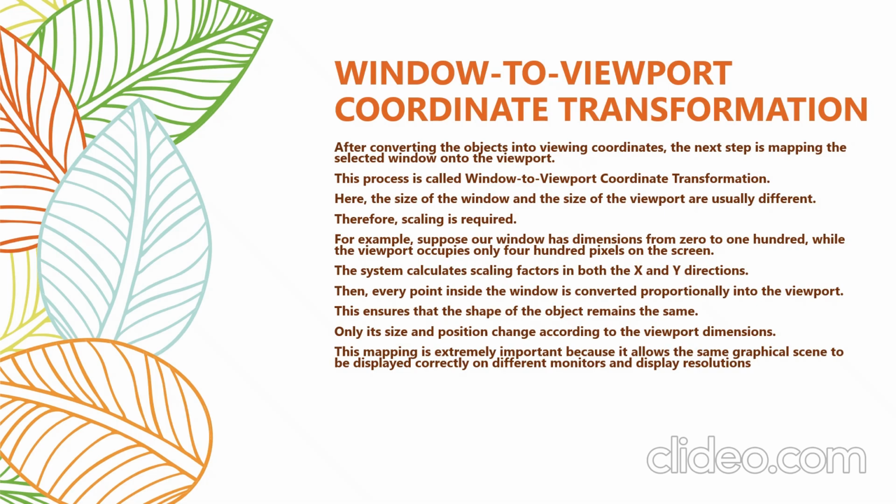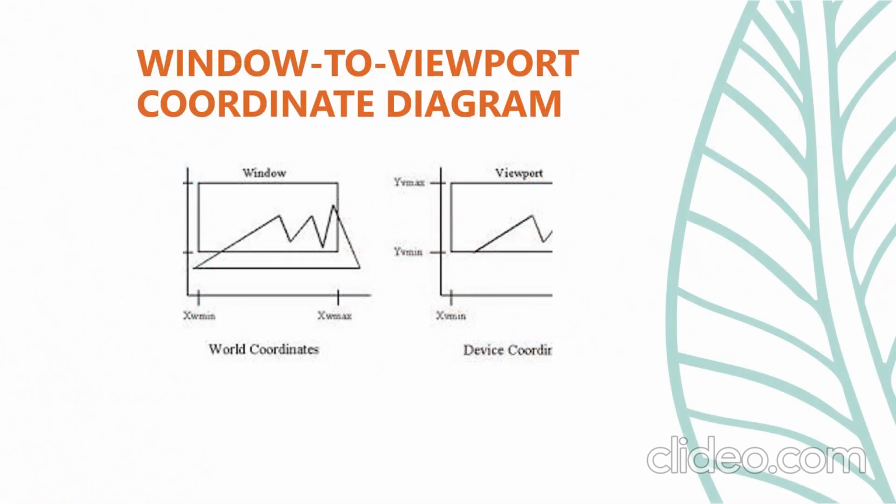Now let us understand it with the diagram. On the left side, we can see the window represents the selected portion of the world coordinates, right? And on the right, we have the viewport, which is the display area on the screen. The arrow indicates how every point inside the window is transformed into corresponding points inside the viewport.